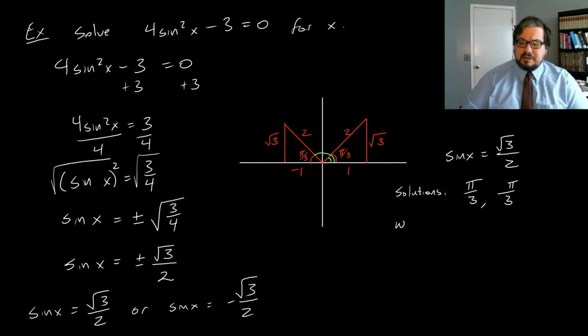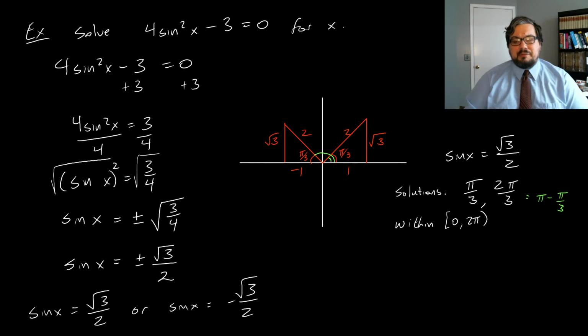Sorry, I had a typo there. So these are the solutions within the interval 0 to 2 pi for this first equation here. And the 2 pi over 3 here comes from the fact that this is pi minus pi over 3, because that larger green angle on the graph is pi over 3 short of being a half circle.